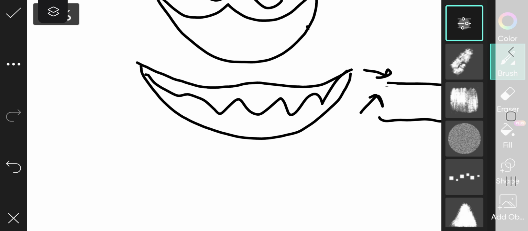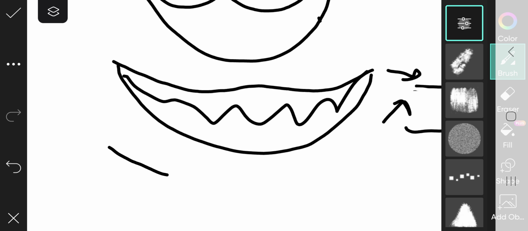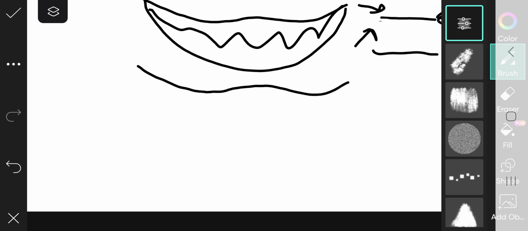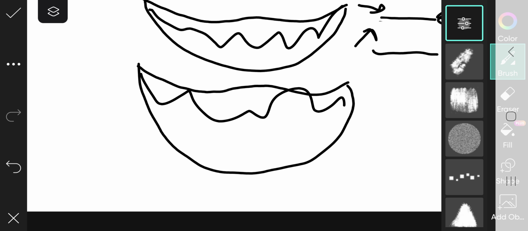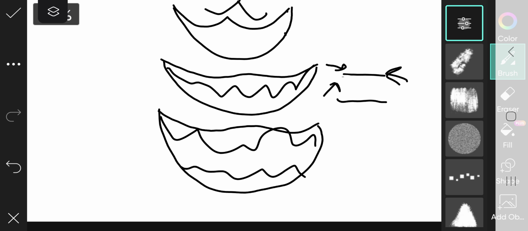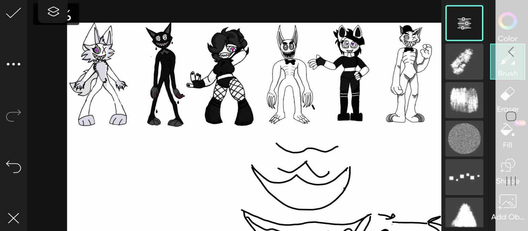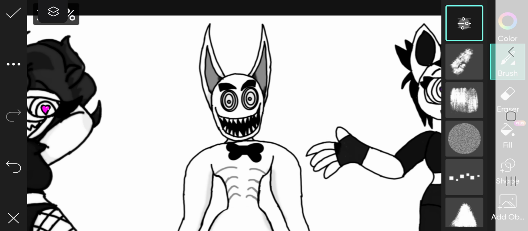Same with Chi-Chi, so whenever she decides to start talking, it's going to be something like this, stuff like that. So, yeah, that's how Chi-Chi's mouth is functioning. You can actually see it with Twisted.